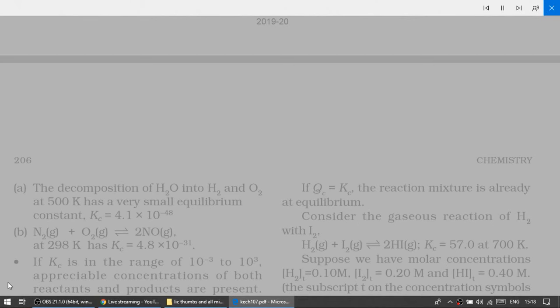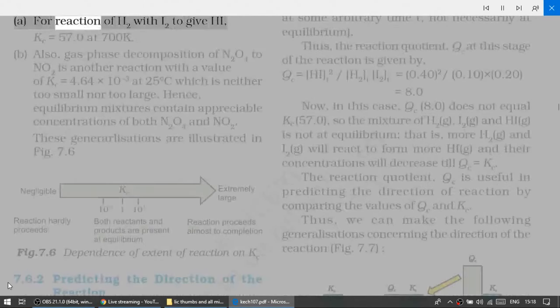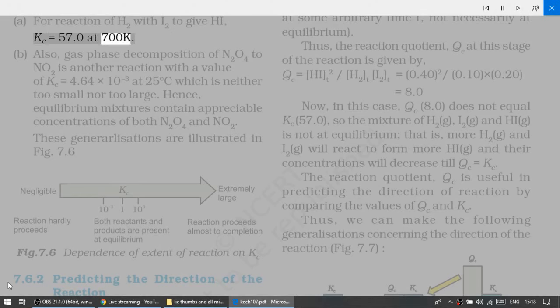Consider the following examples. A. For the reaction of H2 with I2 to give HI, Kc = 57.0 at 700 K. B. Also, the gas phase decomposition of N2O4 to NO2 is another reaction with a value of Kc = 4.64 × 10^-3 at 25 degrees Celsius, which is neither too small nor too large.